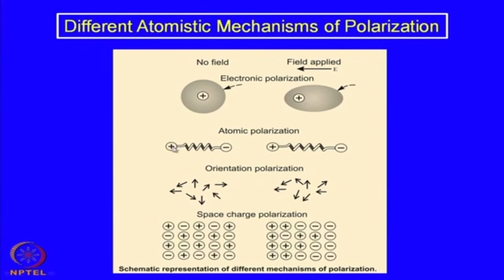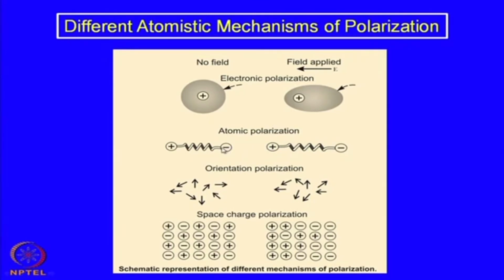So, one is directed in this direction, maybe the next one will be directed in the opposite direction, and as a result the whole solid will have a net 0 dielectric moment or dipole moment.